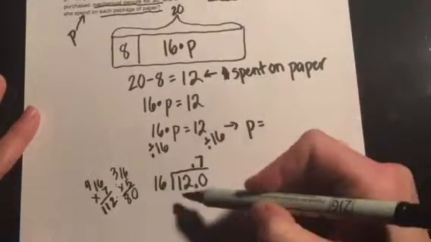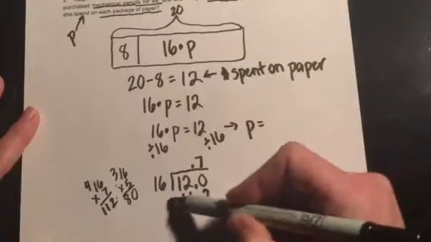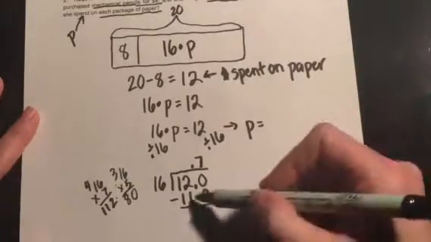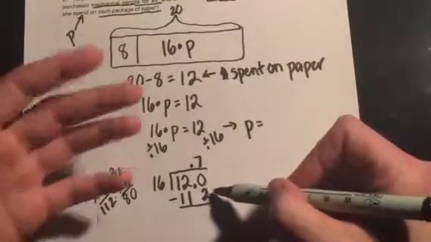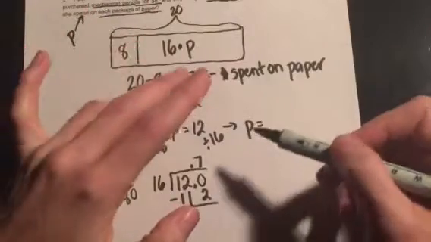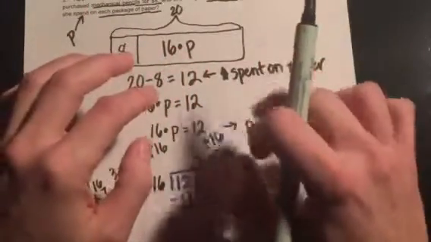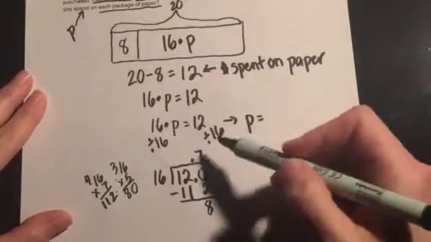Okay? And I'm going to subtract. And I'm doing 120 minus 112. Well, I can just count up. From 112 to 120, it's 113, 114, 115, 116, 117, 118, 119, 120. So 8. Add a 0.